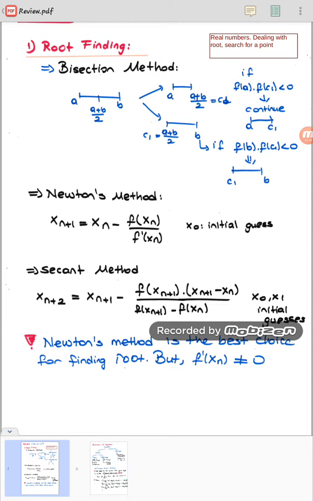We discussed the bisection method, where the main purpose is of course to approximate the root. Bisection, as a word, comes from dividing into two sections.